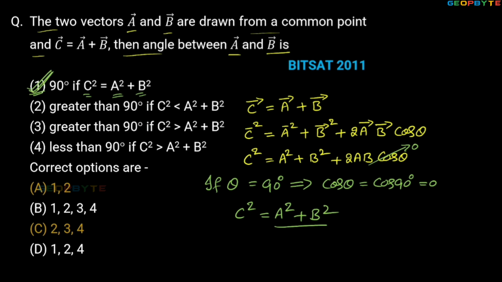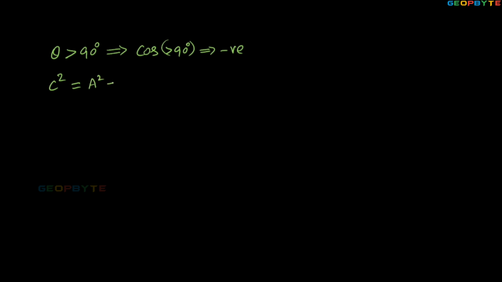Similarly, the second case is theta greater than 90 degrees. If theta is greater than 90 degrees, cos theta is negative. Then C square equal to A square plus B square plus 2AB cos theta.